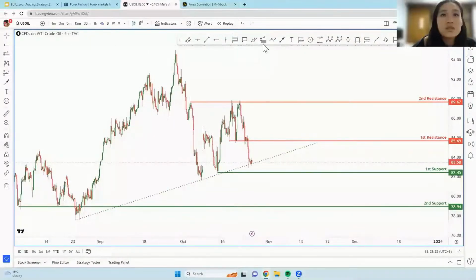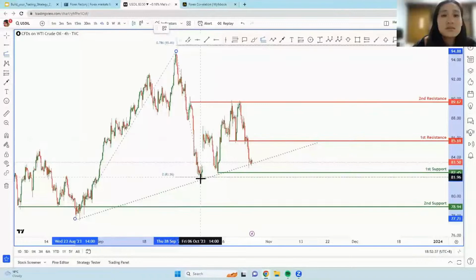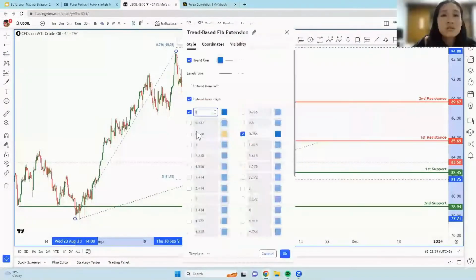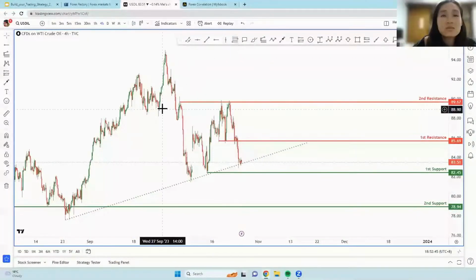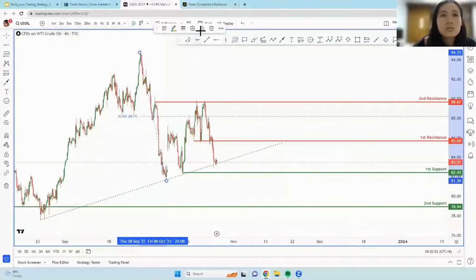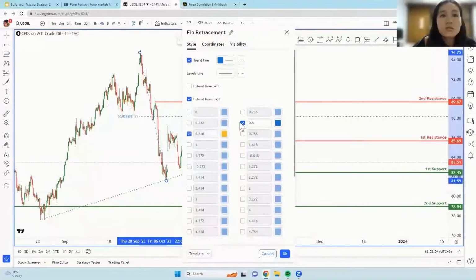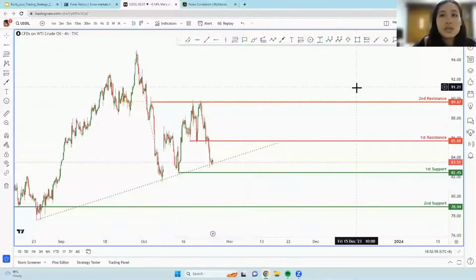Okay, now let's go in with our Fibonacci levels again. I have this 61.8 that lines up with my second resistance.